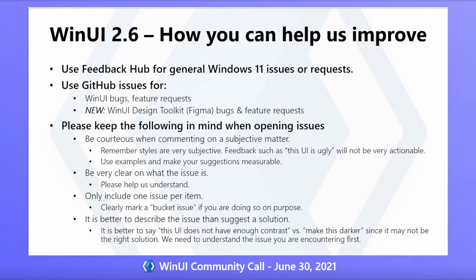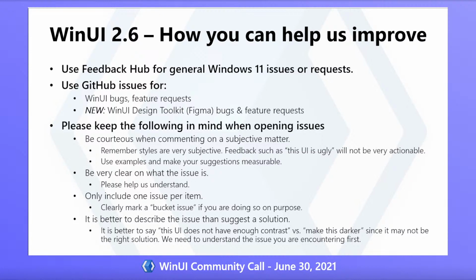Please use examples when you make suggestions so that we know exactly what you mean. And the next bullet is also the same, but please make sure that your points are clear. We will ask you questions to make sure that we understand your issues and help us understand. And it really helps when your issue is one per item.